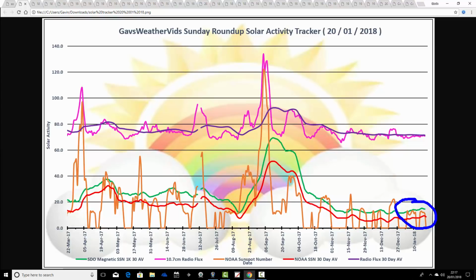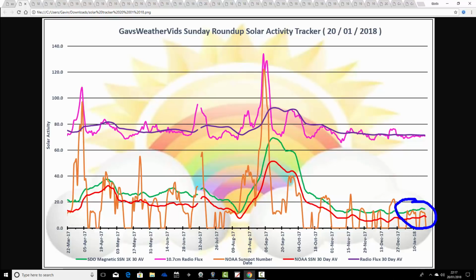So next spring, 2019, will probably be the proper solar minimum spring of solar cycle number 24. You never really know. Sometimes you'll have shorter solar cycles, but I've got a feeling that because this is such a weak cycle, it'll probably be quite a long cycle. So I reckon next spring will be the true solar minimum spring.